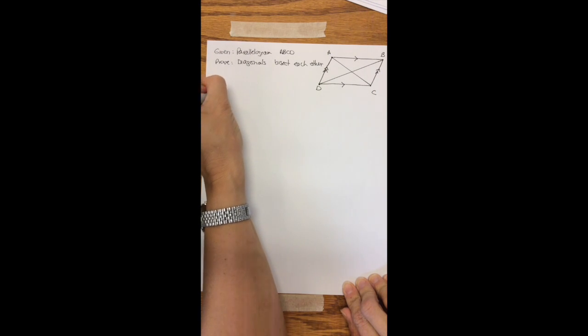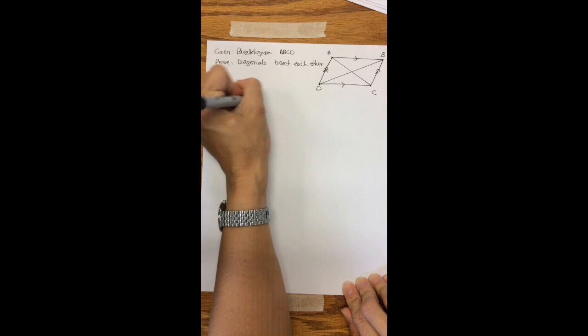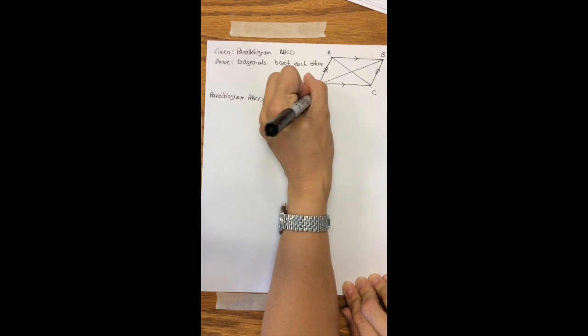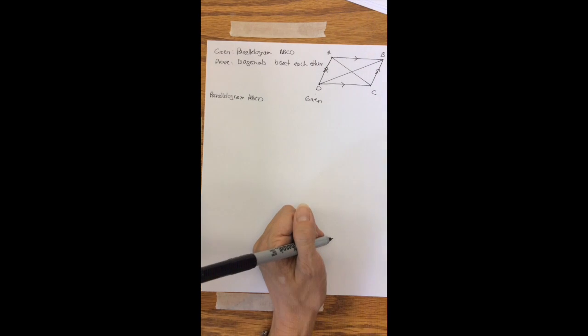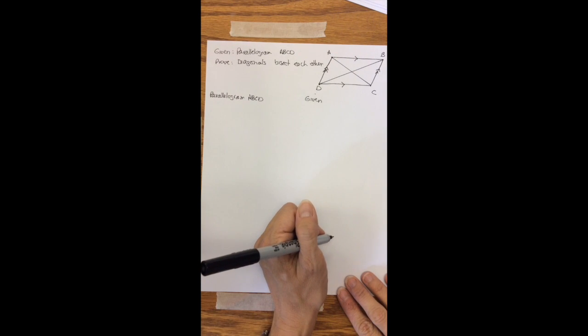I have parallelogram ABCD, and that is given. Now we know that these angles are equal. Let's go ahead and label that the sides are equal, because that is an easy one.